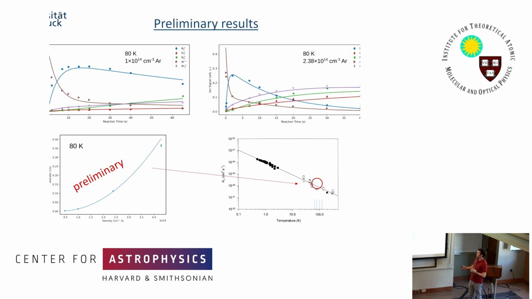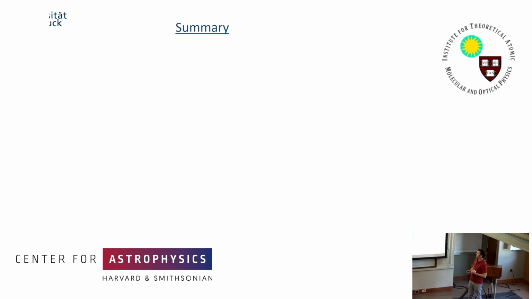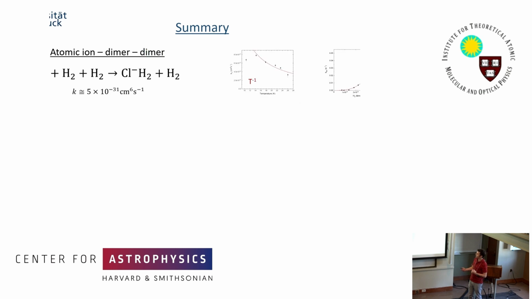So with this, I'm already at the end of my talk. I've told you about measurements of an atomic ion with two dimers. These are all pretty low rates. This one is in the region of 5 times 10 to the minus 31 centimeter to the 6 per second, where we have a T to the minus 1 fall off and a strange back reaction.